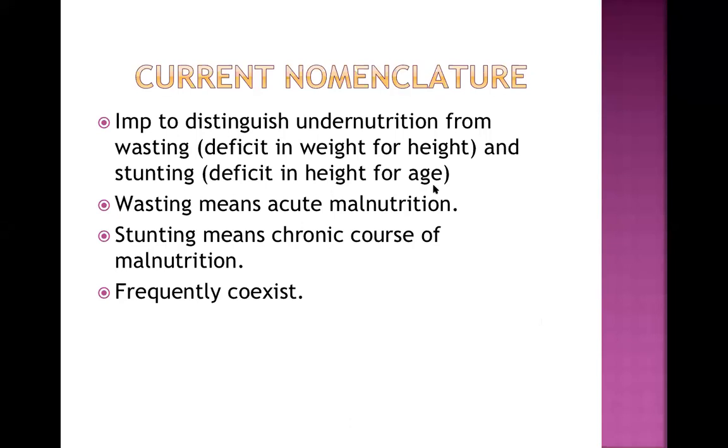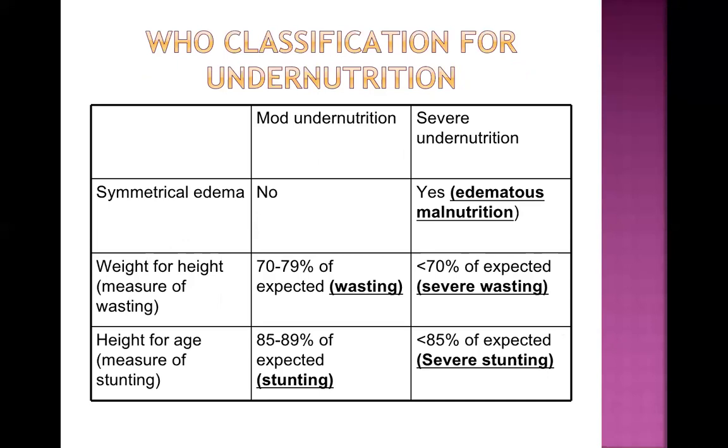And wasting is a feature of acute malnutrition. Stunting is a feature of chronic malnutrition. So these are important concepts. Now see there, wasting means acute malnutrition, stunting means chronic malnutrition, and most of the time they frequently coexist together. Now with this concept, let's talk about this current nomenclature by WHO.